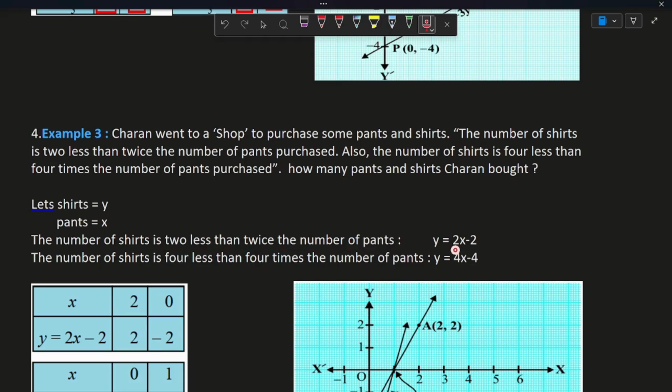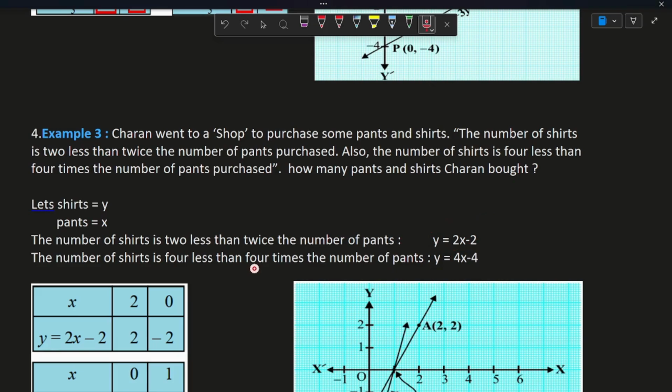Twice the number of pants means 2x. Why? Because x is the pants. So 2x, and 2 less, so I'll make it minus 2. So I converted this entire sentence into mathematical form.